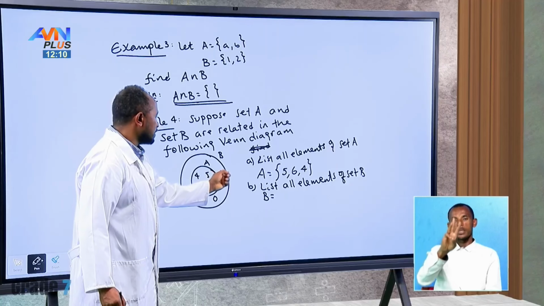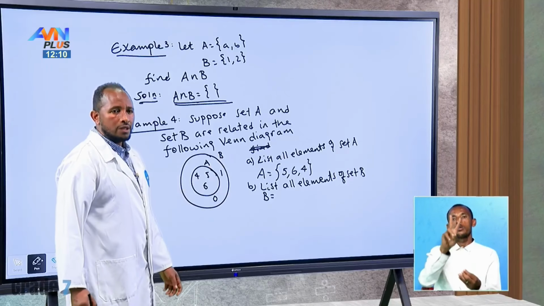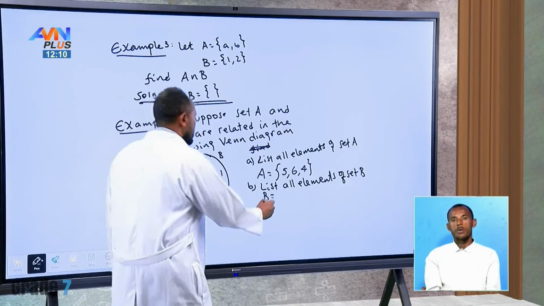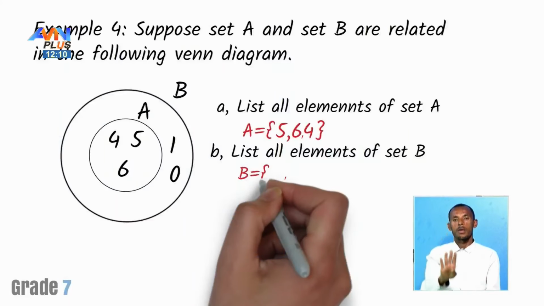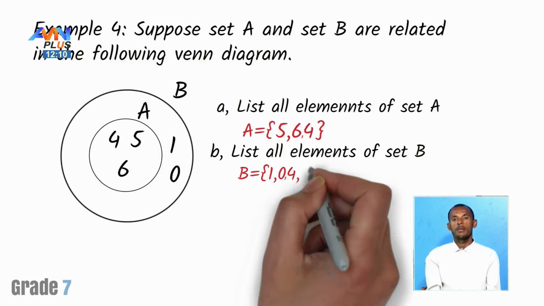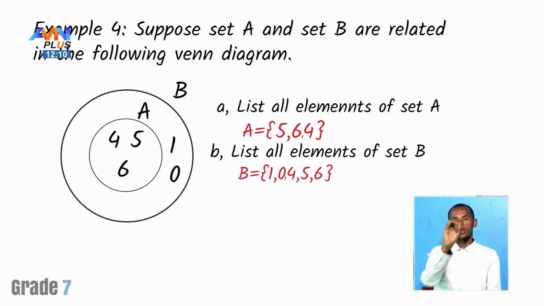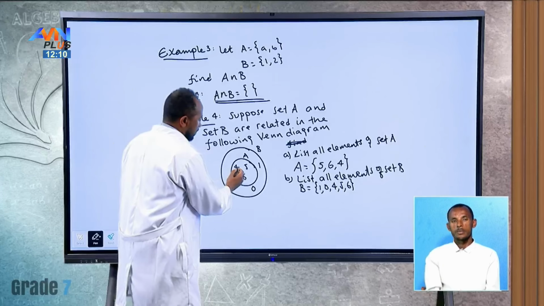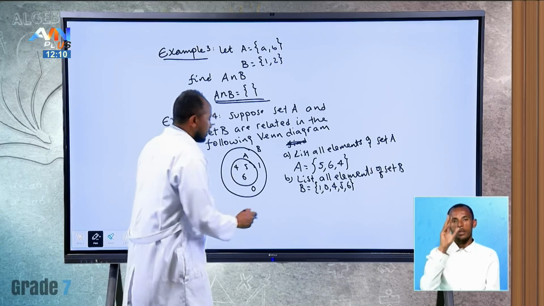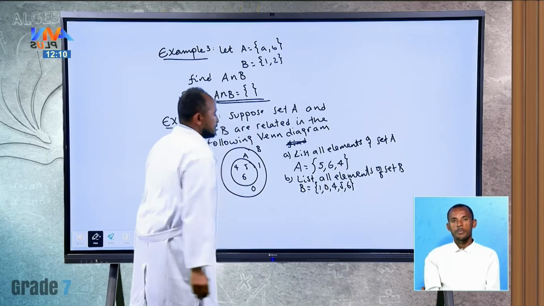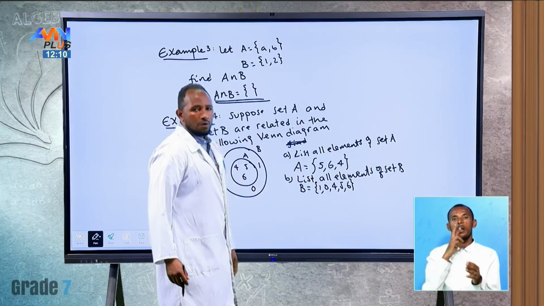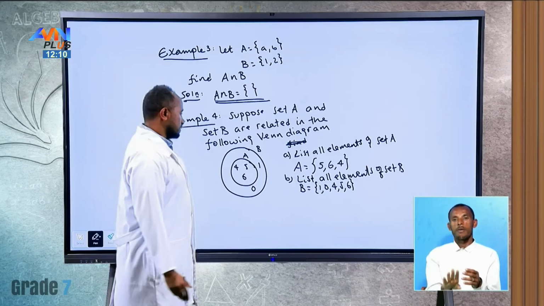In addition to that, there are also these two numbers, 1 and 0. Therefore, set B contains the elements 1, 0, and in addition to that, the numbers 4, 5, and 6. Therefore, the elements in set B are 1, 0, 4, 5, and 6.